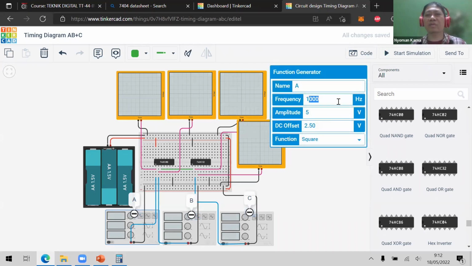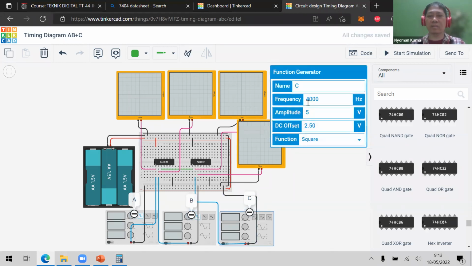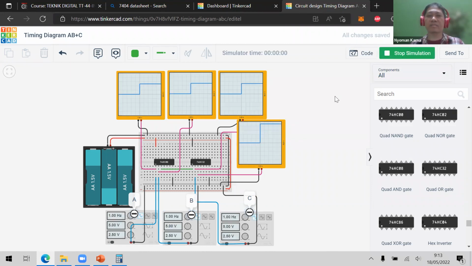So if we want to, let's say, I'm going to change this to 0.1 hertz. And then this one to become 0.2 hertz. And then this one becomes 0.4 hertz. Wait. 7, 8, 9 seconds, 10 seconds.